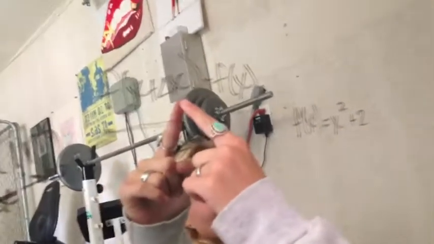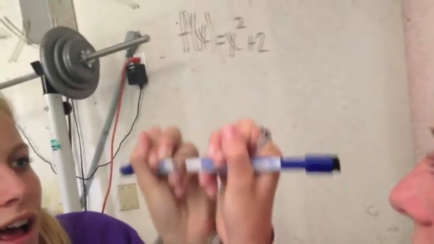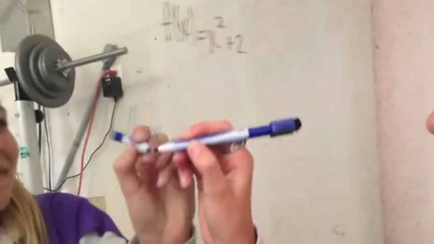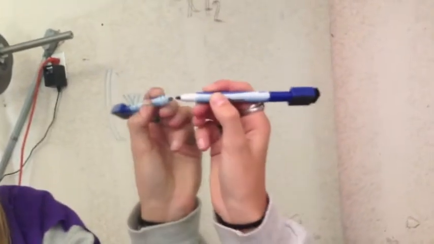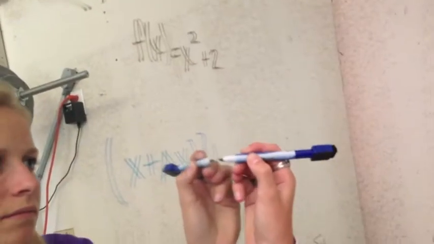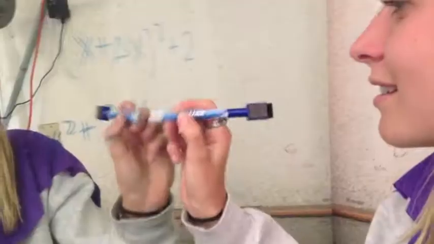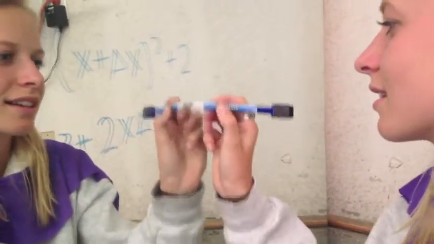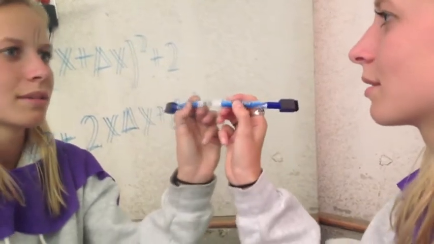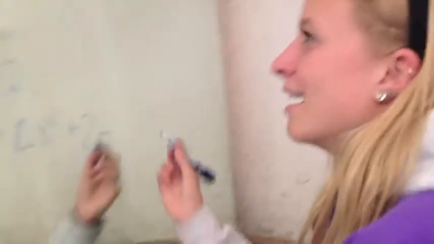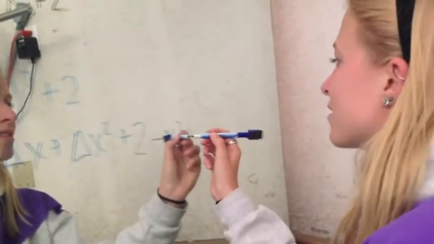You do first. First, you plug x plus delta x into that function. Go ahead and do it. Next, you write f of x plus delta x, which is (x plus delta x) squared plus 2, minus x squared plus 2.